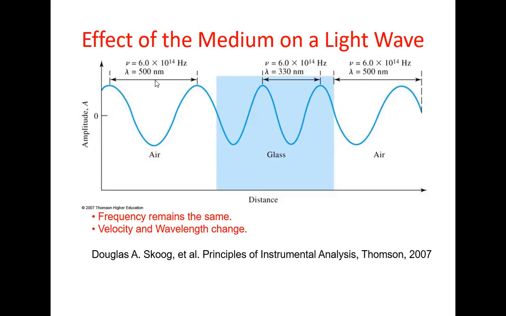So this is in essence what we are saying, the effect of the medium on a light wave. Notice the wavelength of the light changes from 500 nanometers in air to 330 if it is in a glass medium. The other thing we need to see is, does the frequency change from the diagram?